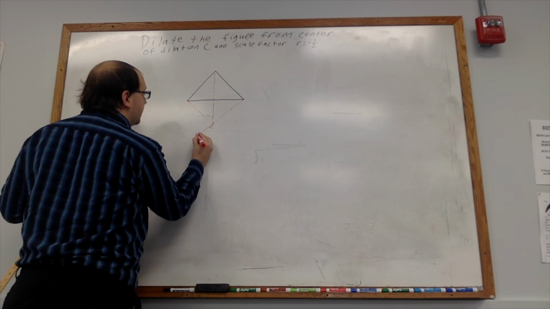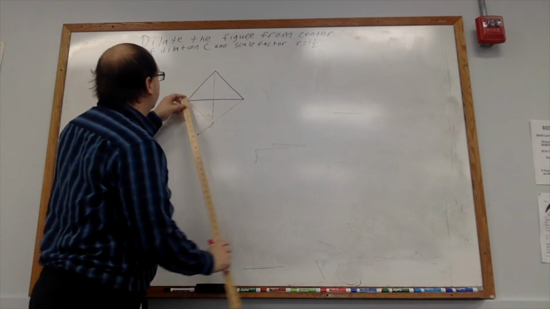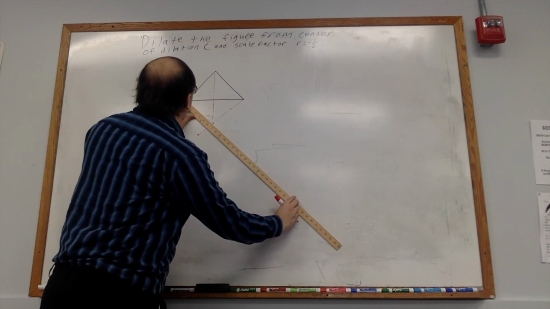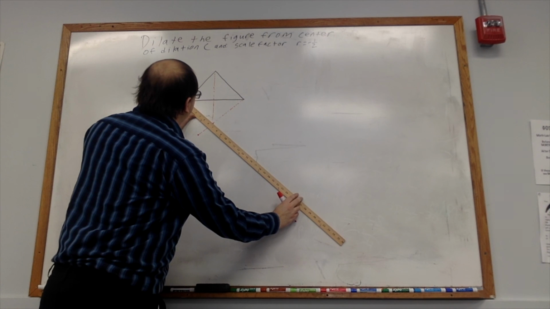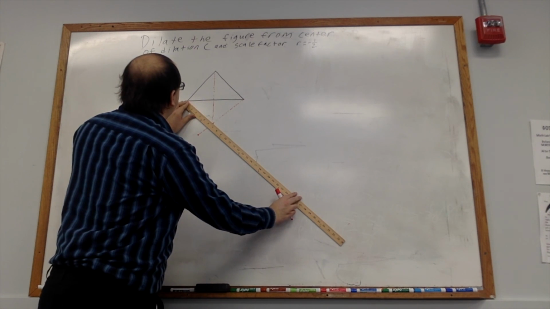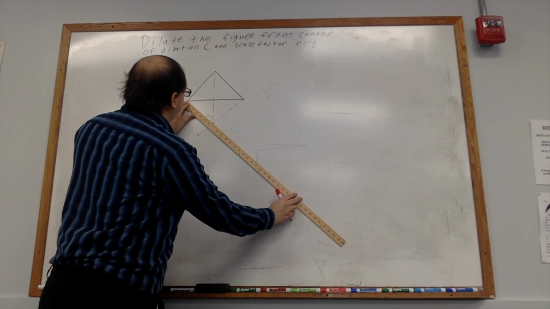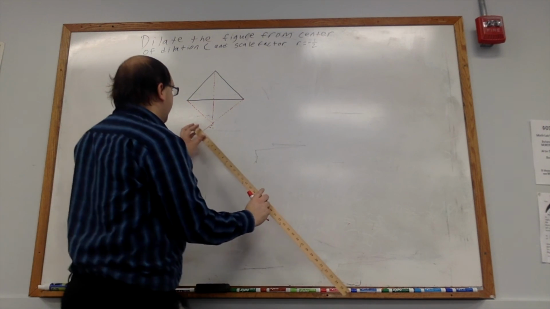So here's our first vertex. Same thing for this one. This one is 6 1/4. So that will become 3 1/8.